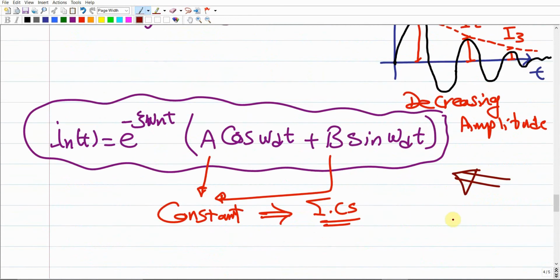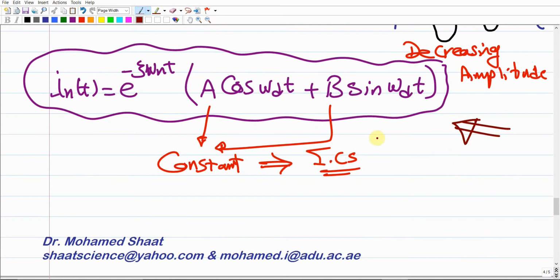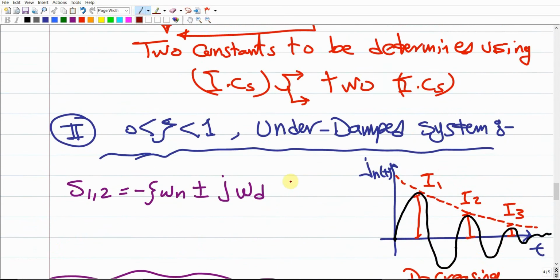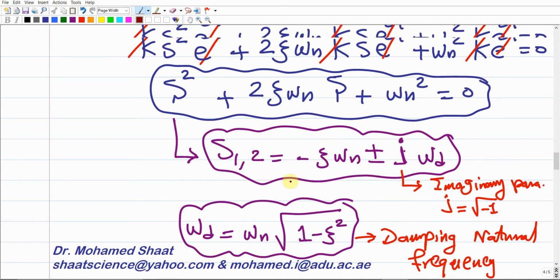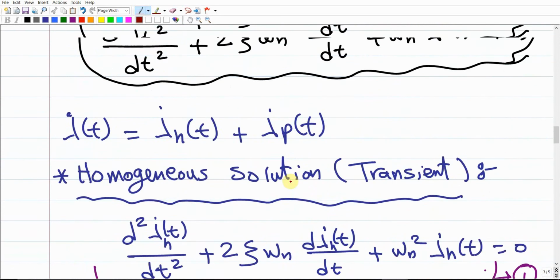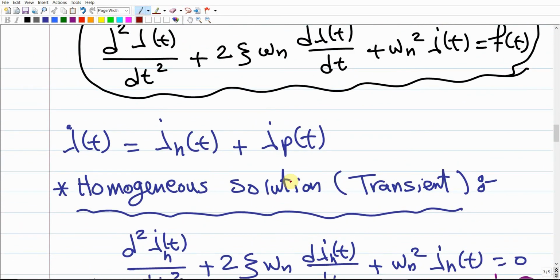So this is the thing that you need to memorize, for the IH, which is the homogeneous part of the solution. So this is the first part, the homogeneous solution, and we said that this homogeneous solution describes the transient behavior of the current within the transient region of the current function.